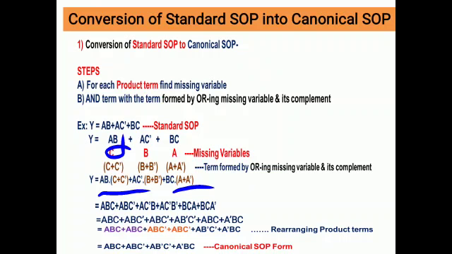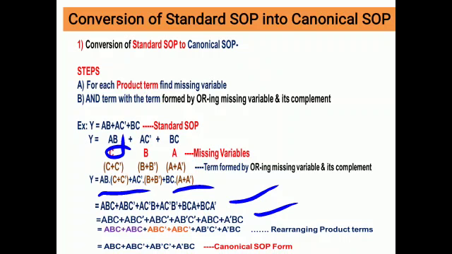Now to get the equation in canonical form, you have to use the distributive law here. Open the brackets. See this step, how it is written: ABC plus ABC bar. Again, open the brackets and write in this way. In the further step, you have to change the sequence.